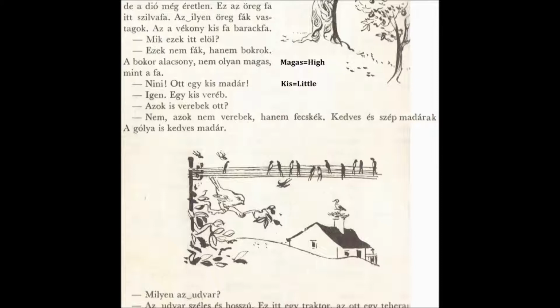Az a vékony kis fa, barackfa, meaning this thin little tree is a peach tree. So as you see, az, that, and a means the, so it's literally that the thin little tree is a peach tree, which might sound a little bit strange.